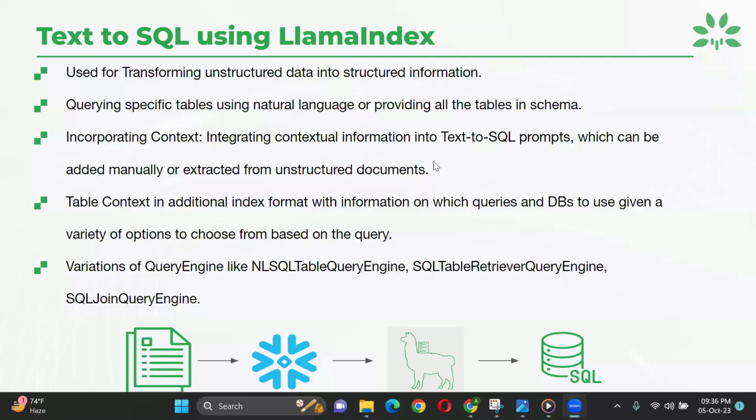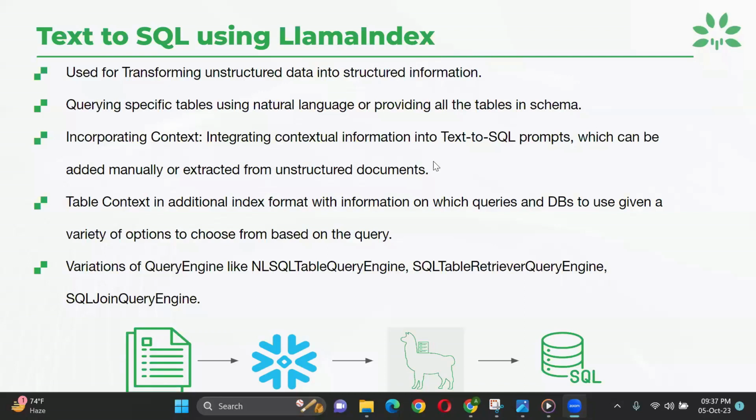For that, you can have another layer of query index, which will first query the relevant tables from your schema which are needed to generate your query. And then that context will get passed on to the actual query engine to generate the response. So that is an additional level of filtering you can add.